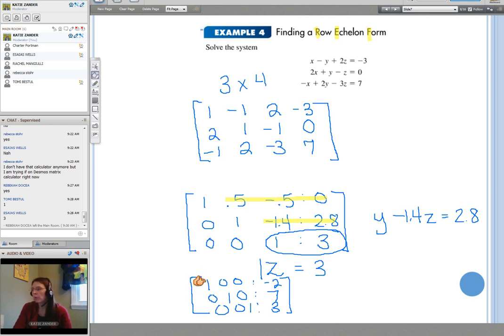So x is what we put in the first column, therefore x equals -2. Y is 7, and z is 3. So we don't technically have to do the substitution piece and work backwards to find x and y in that setup. It actually does the rest of the solving for us, and it tells us what x, y, and z are going to be.